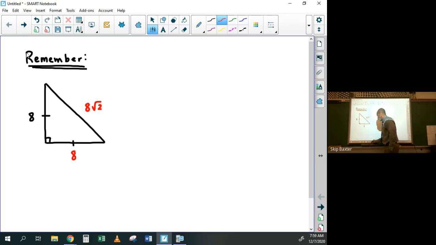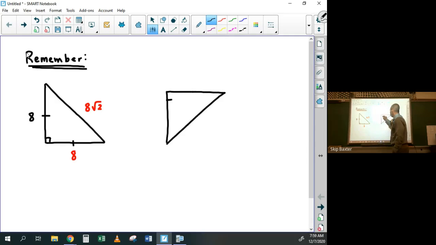The second shortcut was if you have the hypotenuse of an isosceles right triangle. So say you knew that this was 8 over here. Then all you're going to do is just take the hypotenuse and divide by radical 2. So this would be 8 divided by radical 2. And then you have to remember to put that into simplest radical form by getting the radical out of the denominator.